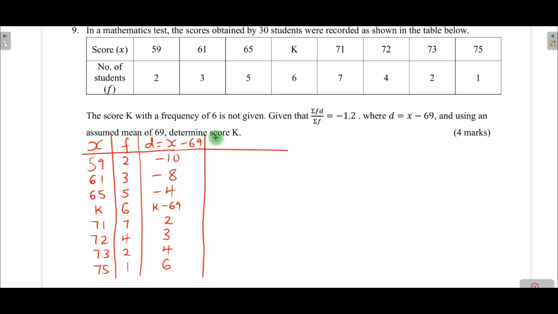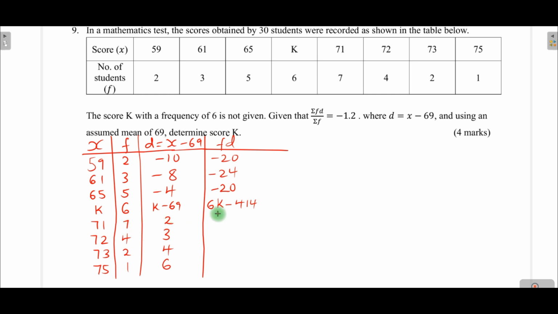And therefore, for FD, we get column F times column D. So 2 times minus 10, that is minus 20. 3 times minus 8, that is minus 24. 5 times minus 4, that is minus 20. 6 times k minus 69, that is 6k minus 6 times 69, that is 414.